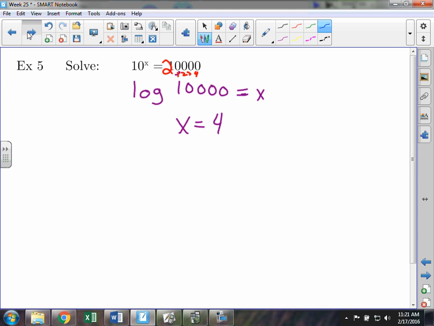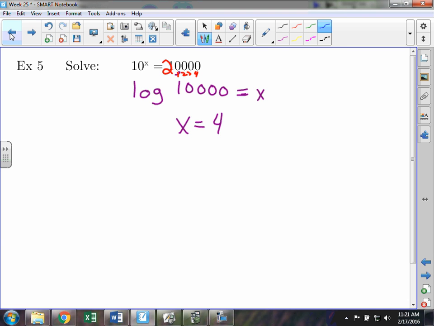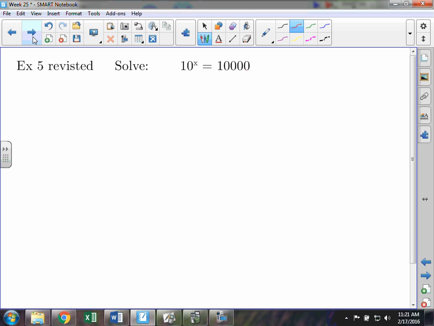Well, to try to take advantage of that, another way we could look at the same piece, because ultimately we need to recognize log of 10,000 equals x. Here's a different way that we could write this down algebraically. We could take a logarithm of both sides.